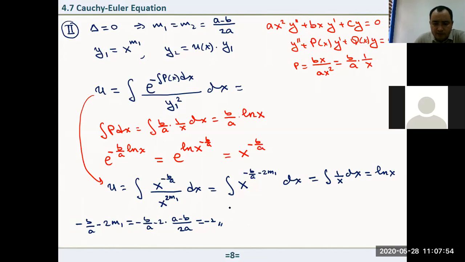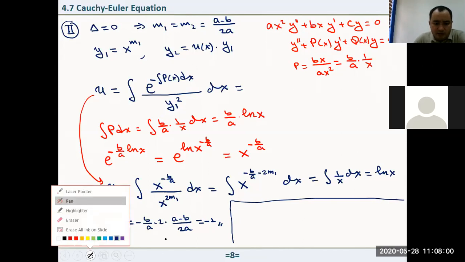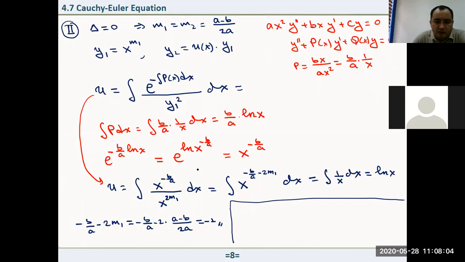Now we can write the solution of the given differential equation. That is c sub 1 times x to the power m sub 1, where m is equal to negative b over 2a, plus c sub 2 times y sub 2.